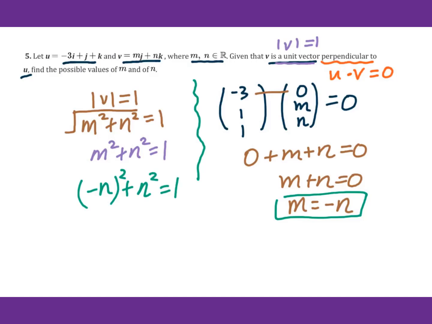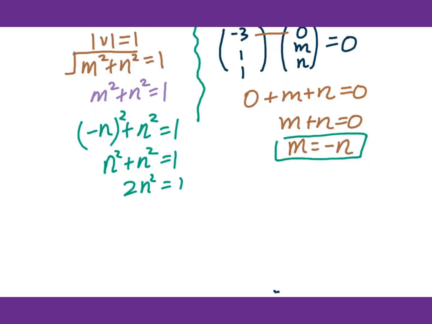So we have N squared plus N squared equals 1. 2N squared equals 1. Divide by 2 both sides. You will get N squared equals 1 over 2. So we take the square root for N. Don't forget plus or minus. So we get N equals plus or minus square root of 2 over 2.